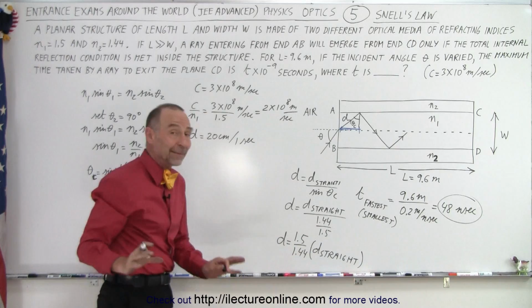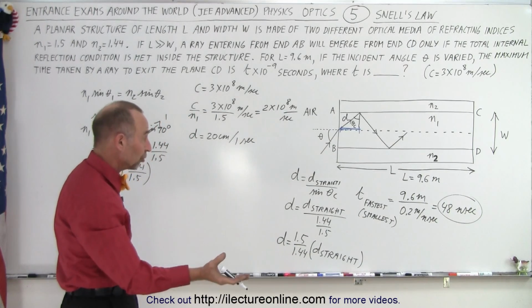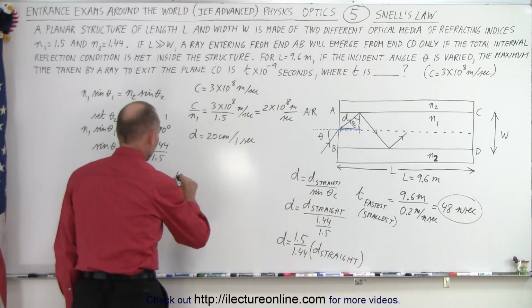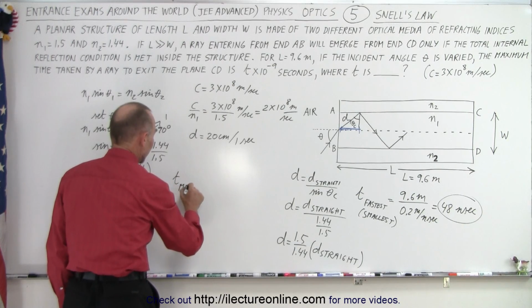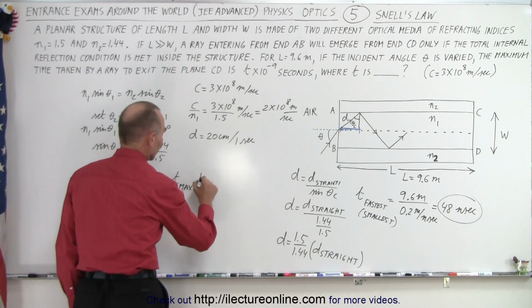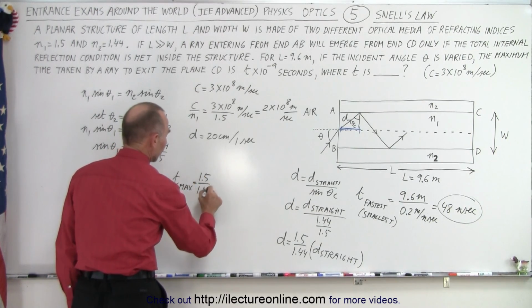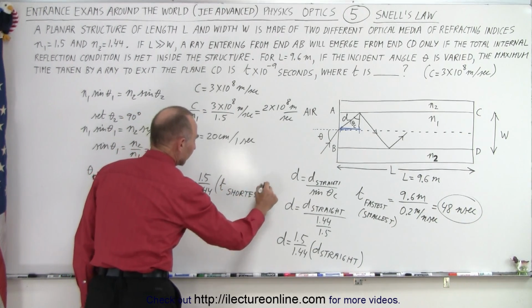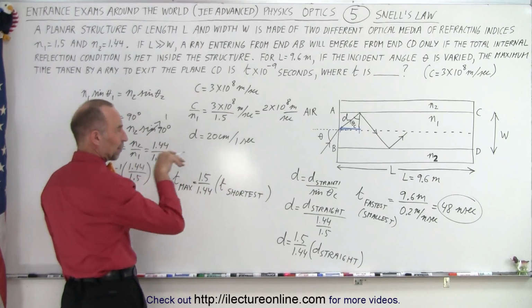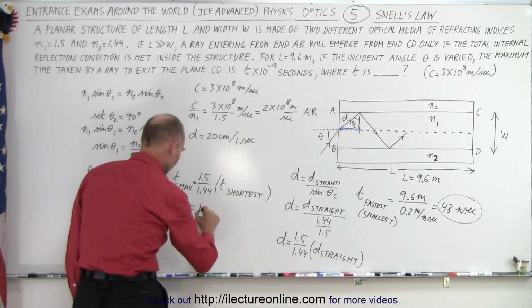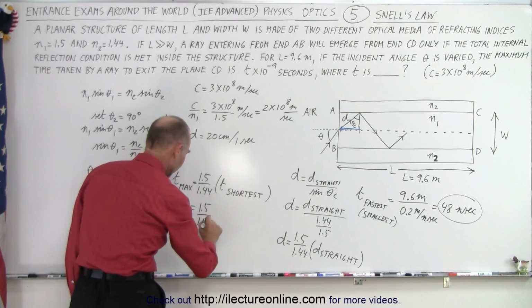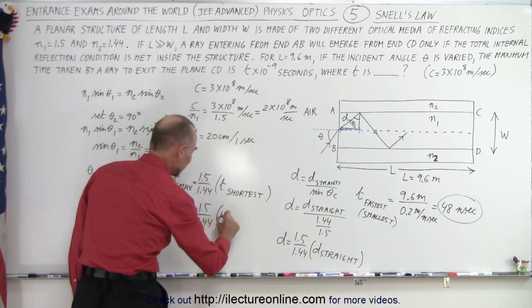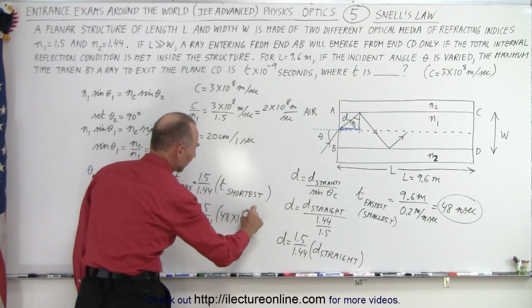And of course, since the time it takes to travel that distance is proportional, the slowest time, the maximum time, is going to be equal to 1.5 divided by 1.44 times the shortest time. We already calculated the shortest time when we travel in a straight line, so this is equal to 1.5 divided by 1.44 times 48 times 10 to the minus 9 seconds.